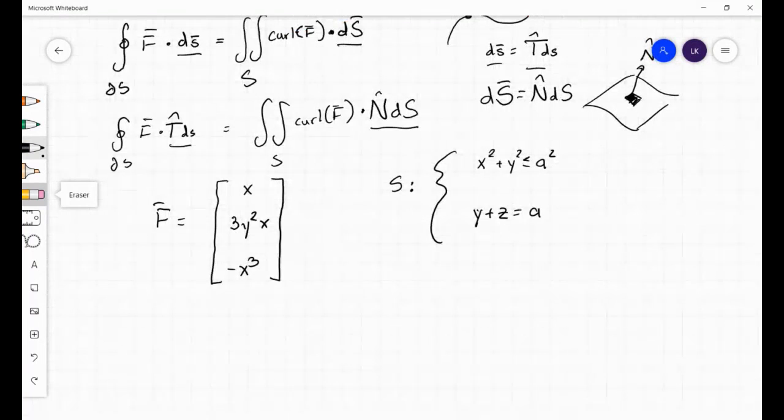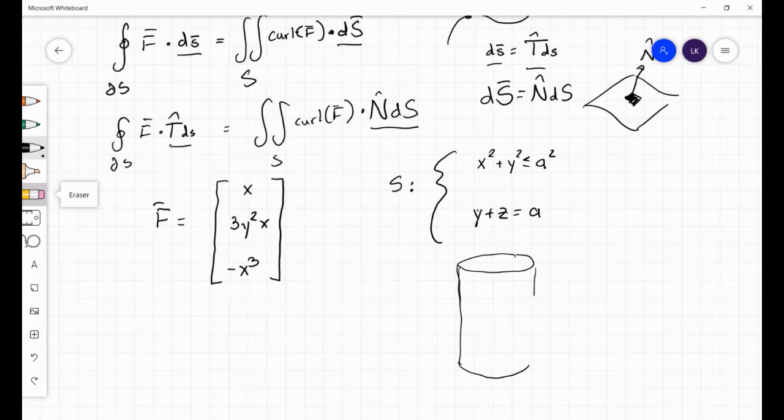So now what we want to do is compute the integral. So let's draw this region. You have your cylinder, and it's radius a. And then you have your plane. In the YZ plane, of course, that's just a line with intercepts a.